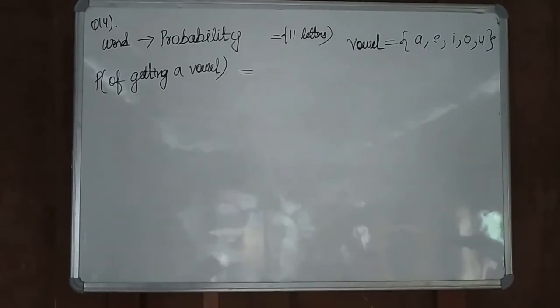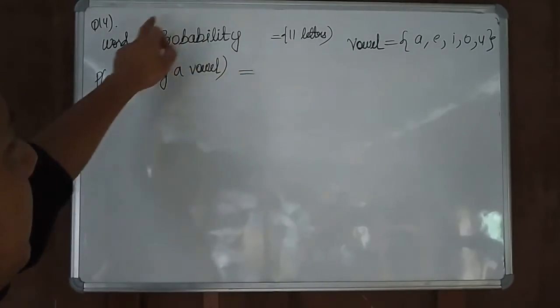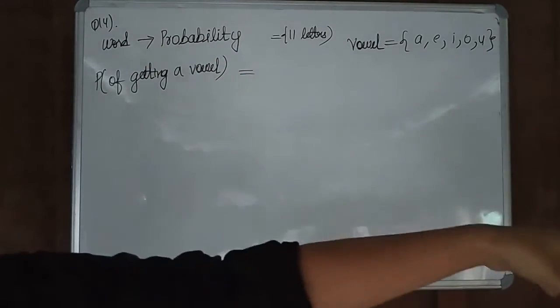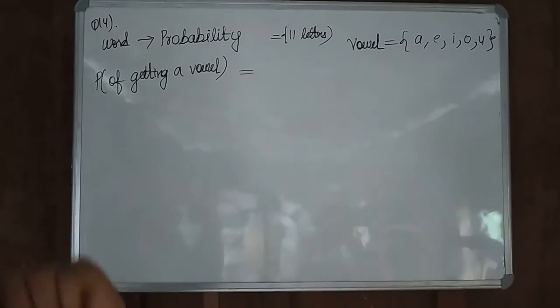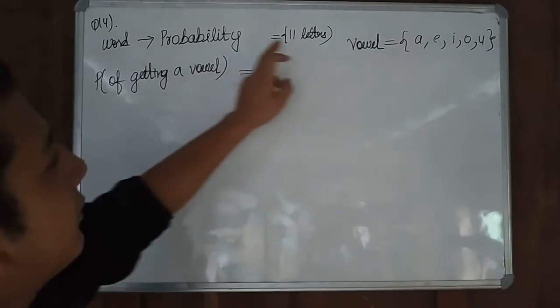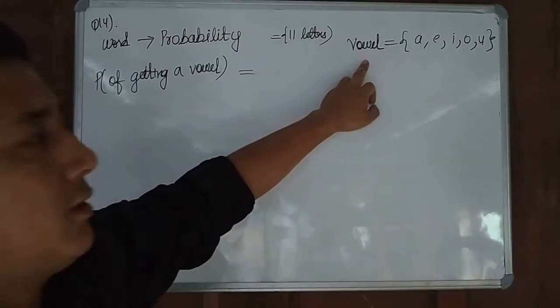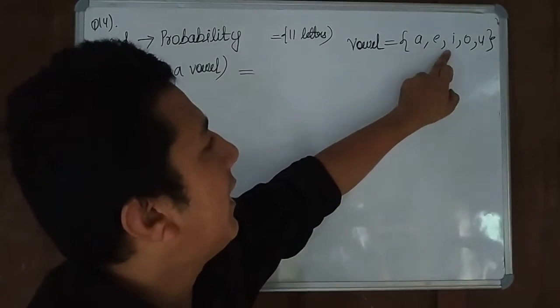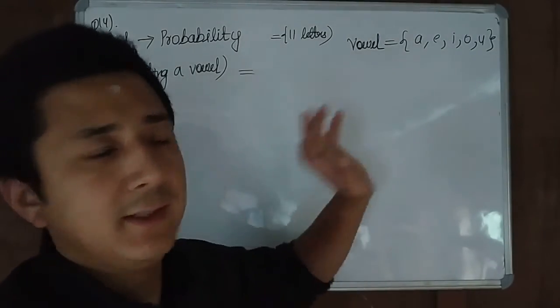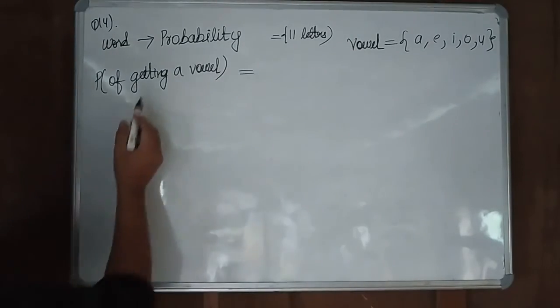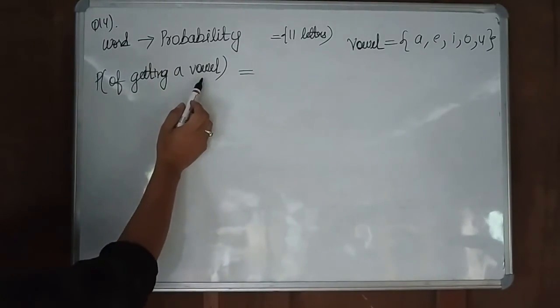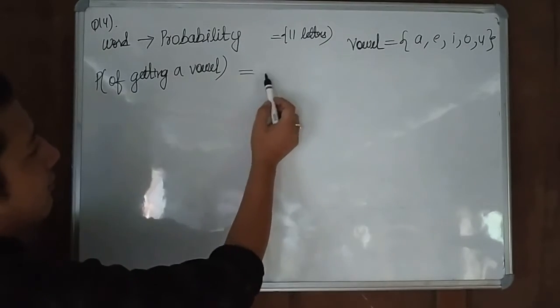Are you understanding my point? There is a word probability, and I am now selecting a letter. What is the probability that the selected letter is a vowel? First of all we have to understand that vowel means the letters A, E, I, O, U. Now you see here, probability of getting a vowel is favorable chances divided by total.